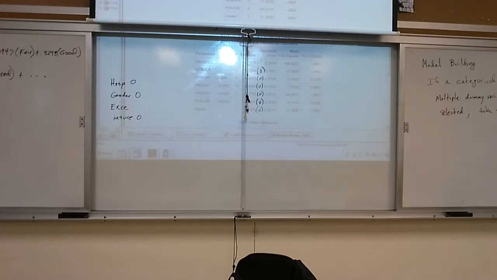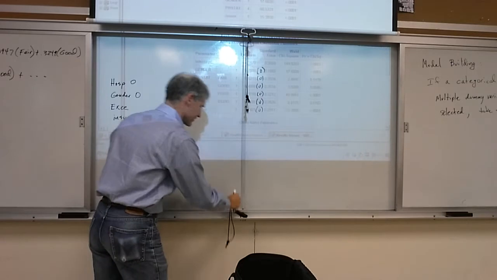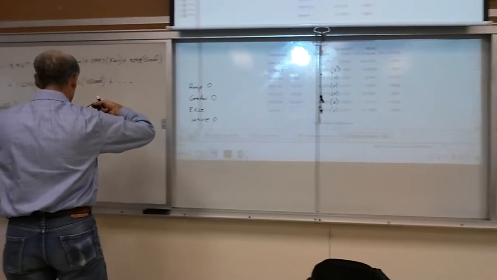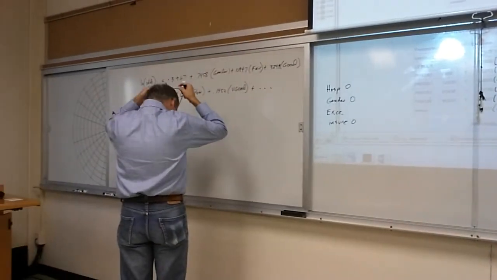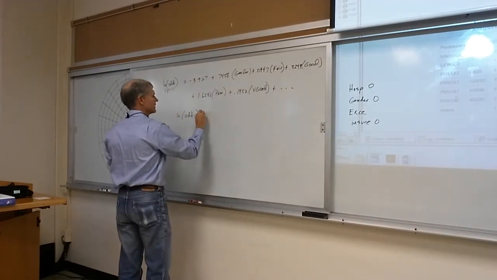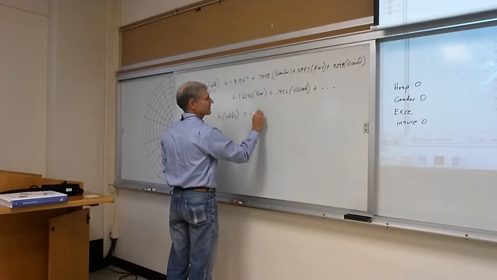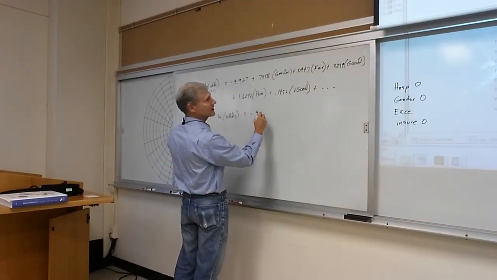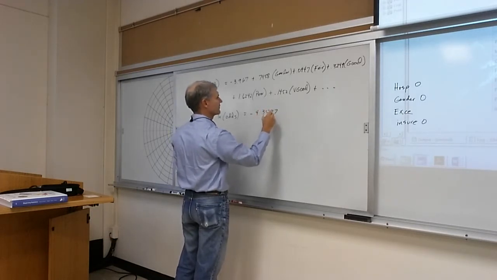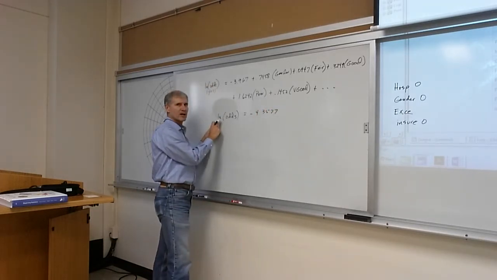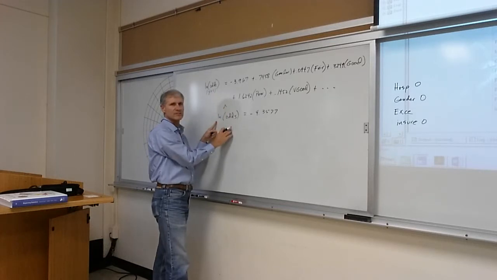So for that person, the log odds is negative 4.3577. Get from log odds to odds by doing what?